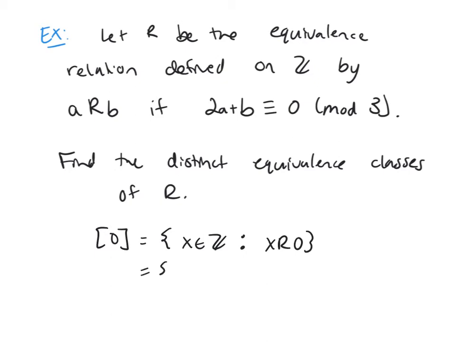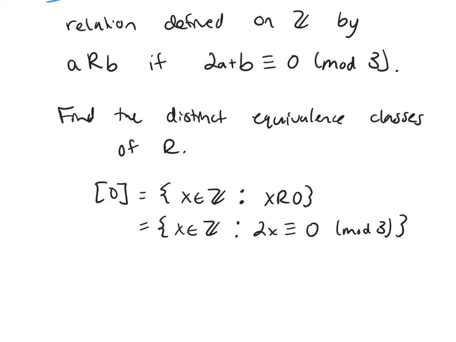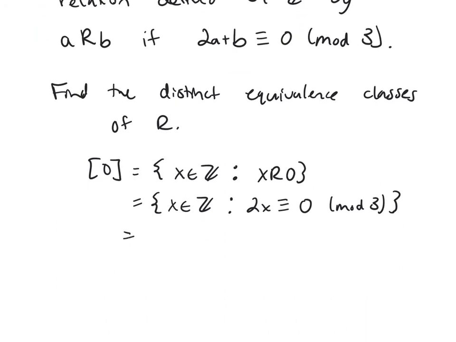Well, this corresponds to all the elements x in Z where 2x is congruent to 0 mod 3. This means that I'm looking for the elements x in Z where 3 divides 2x.